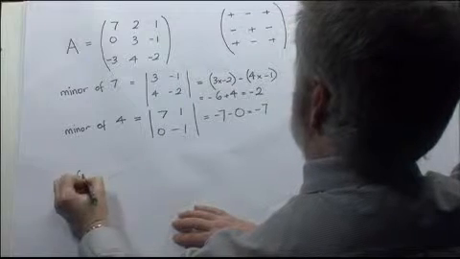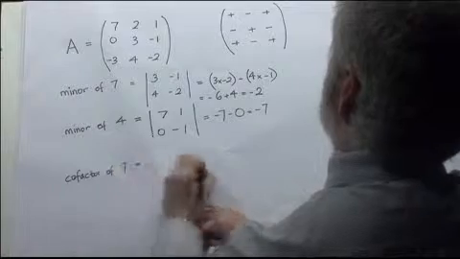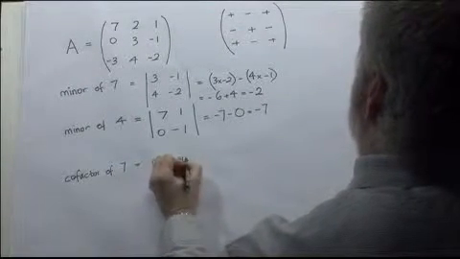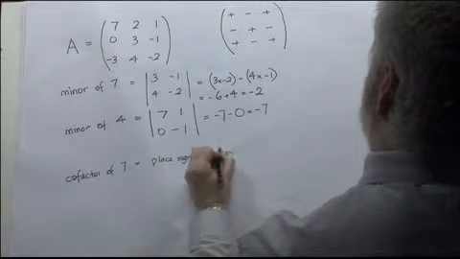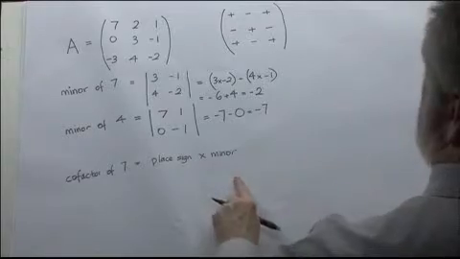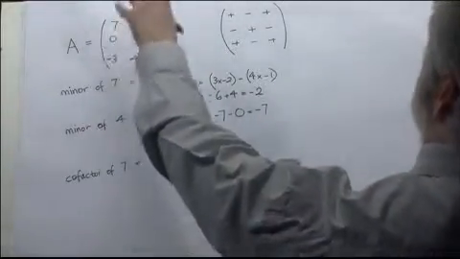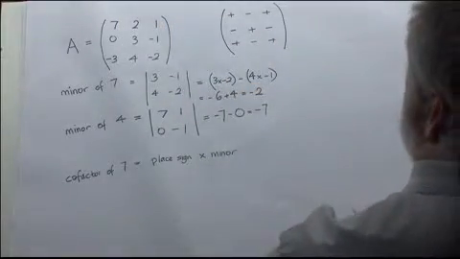So the cofactor of the element 7 is equal to the place sign times the minor. And that's true for all the elements. Every element has a cofactor which we find by doing the product of its place sign with the value of its minor.